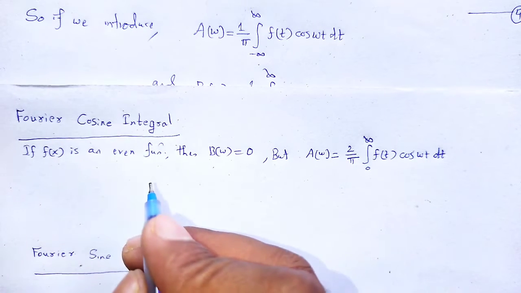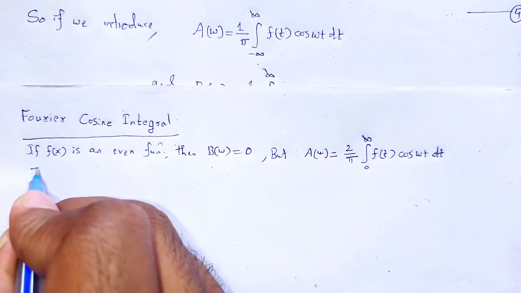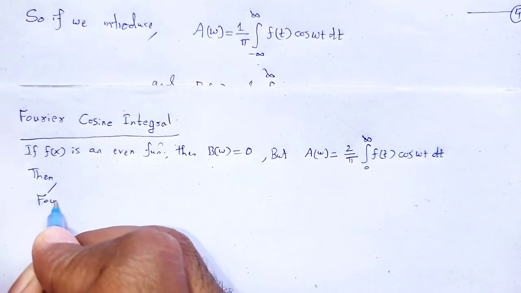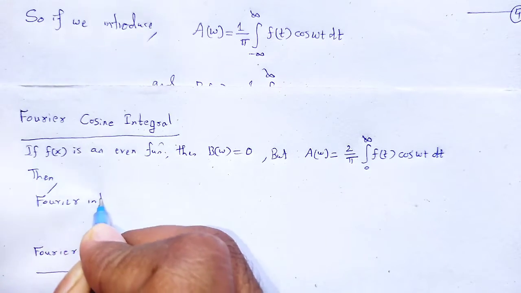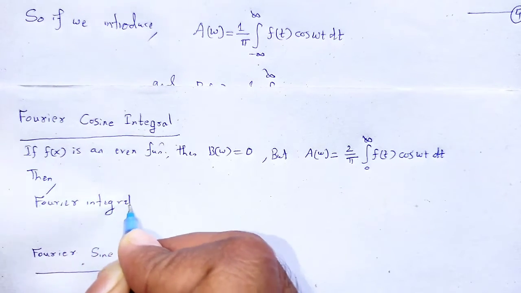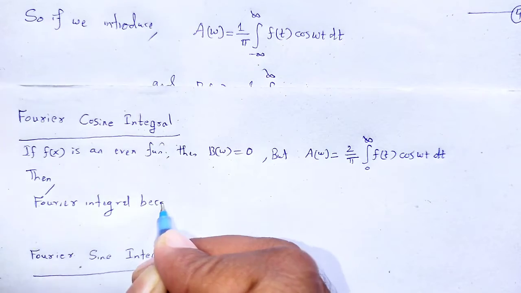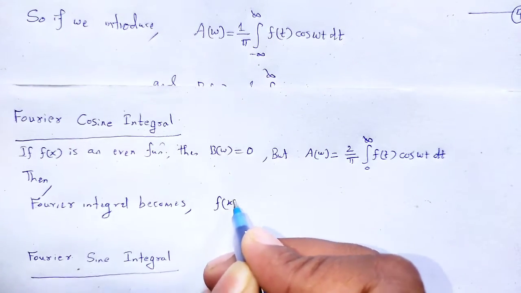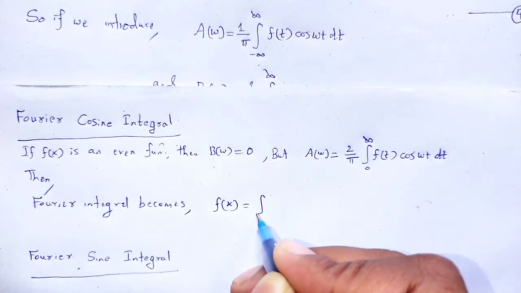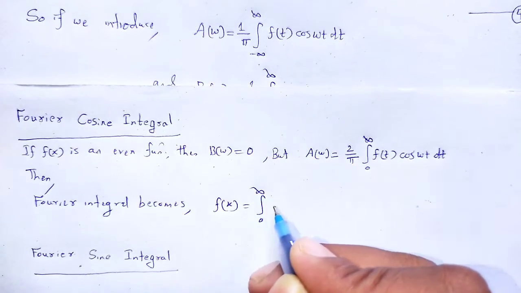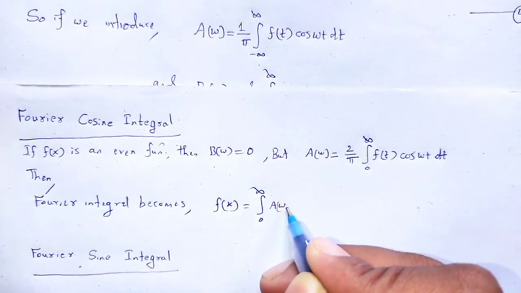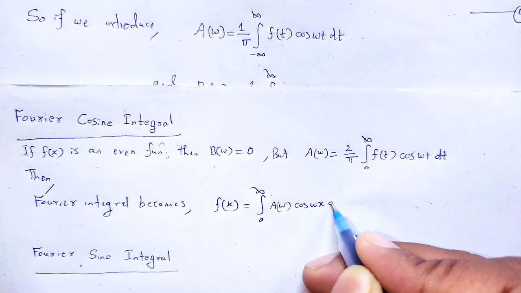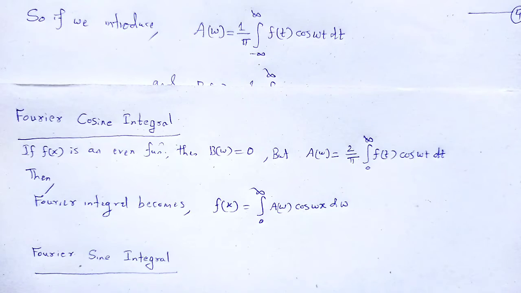Then the Fourier integral becomes f of x is equal to integral from 0 to infinity only due to the contribution of a omega cos omega x d omega.